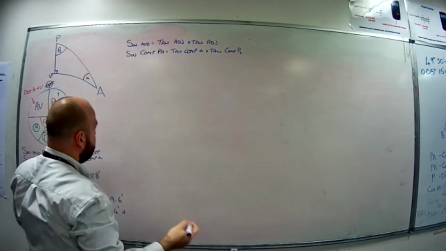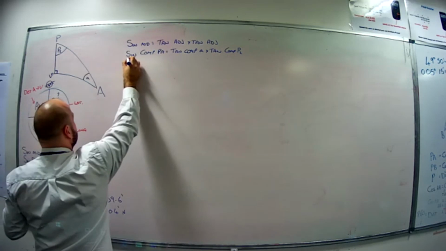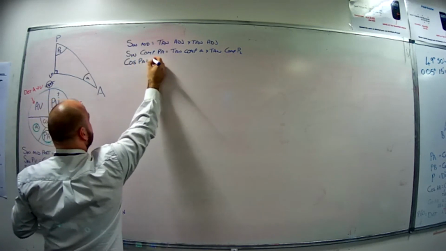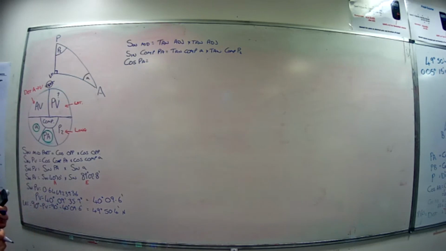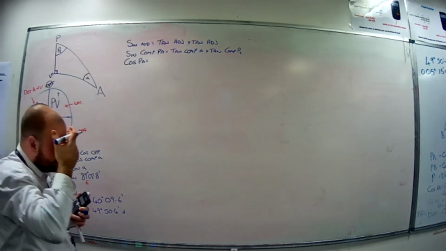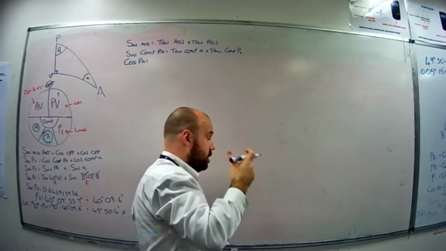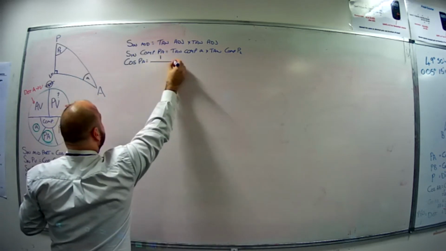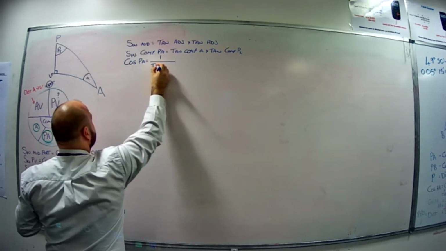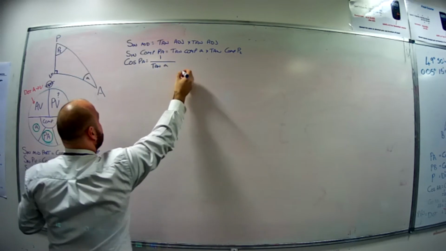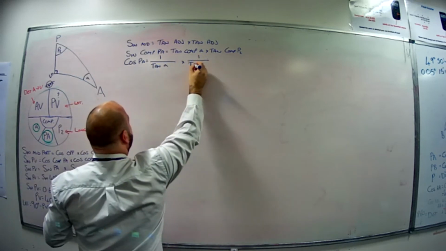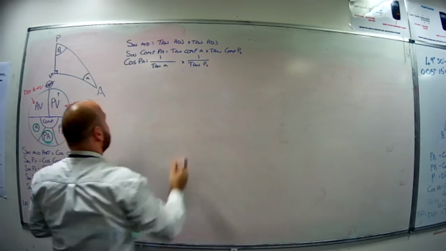Sine of the complement of something we said before became cos, so it's cos PA equals... Oh, hang on. Sine and cos we just swap. Tan has to become cotan. That becomes 1 divided by tan little a times 1 divided by tan P2.